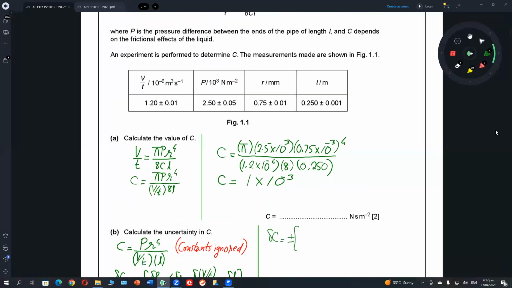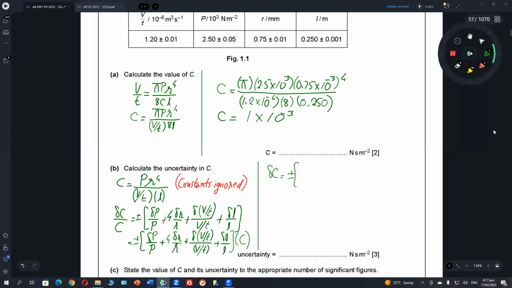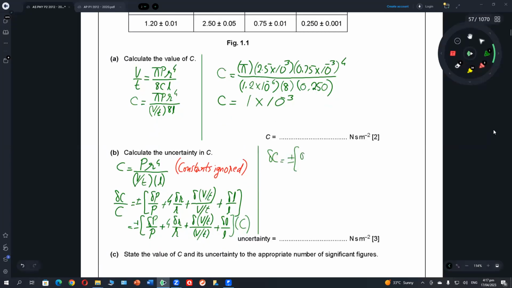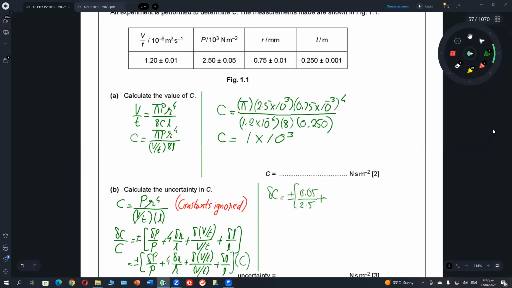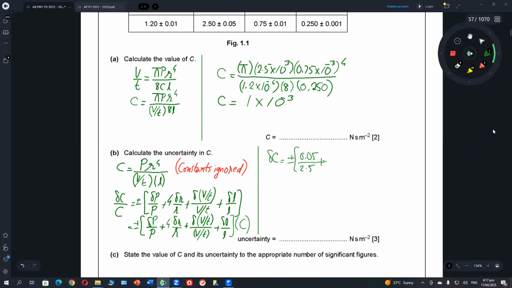Delta P upon P is 0.05 upon 2.5. Delta R upon R is 0.01 upon 0.75.